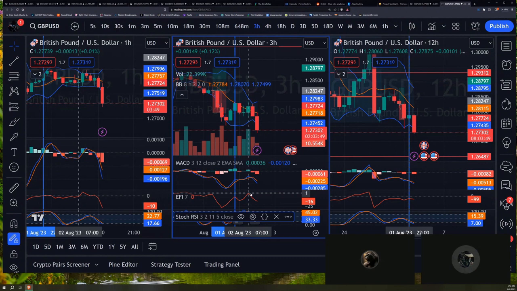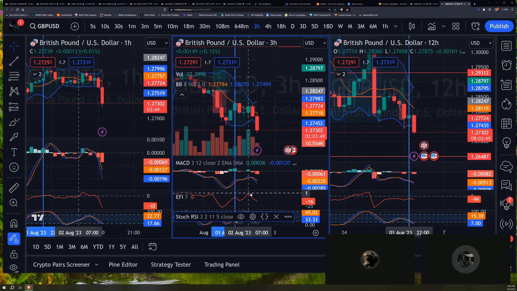And that happened right here. Now your Bollinger Bands, I'm not sure what you're using your Bollinger Bands for. That's this indicator that's actually on the price, right?